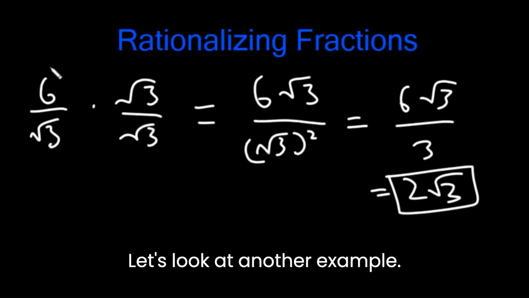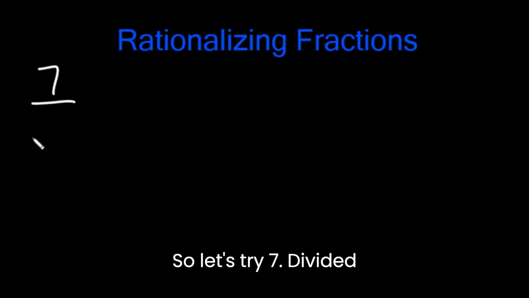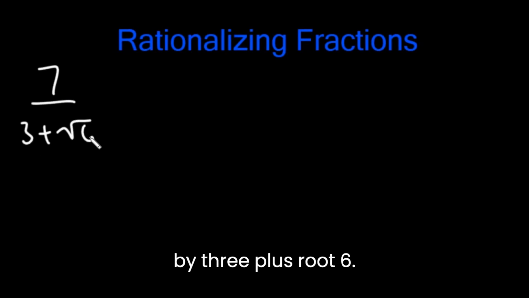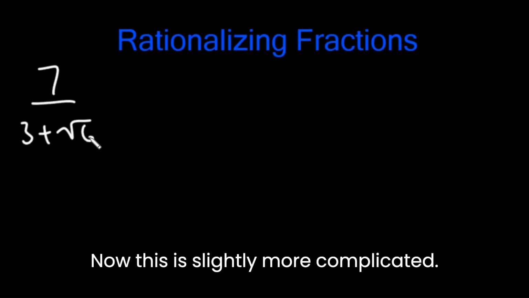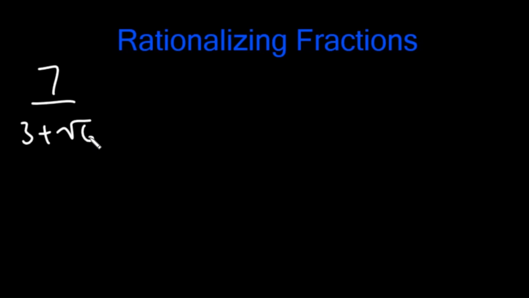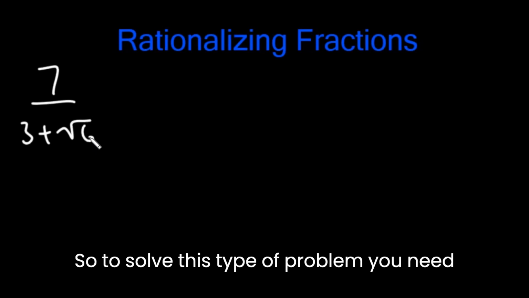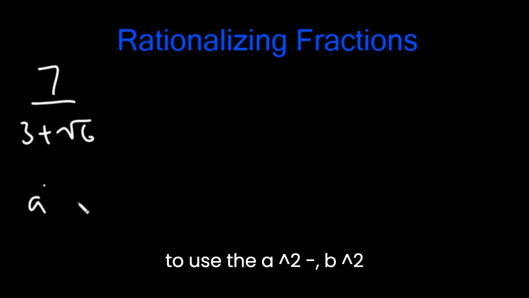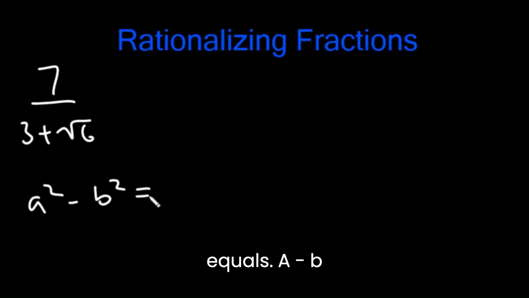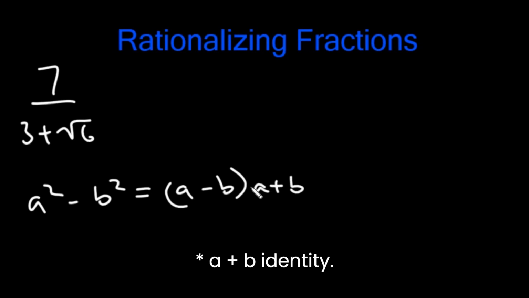Let's look at another example. So let's try 7 divided by 3 plus root 6. Now this is slightly more complicated. To solve this type of problem, you need to use the a squared minus b squared equals a minus b times a plus b identity.